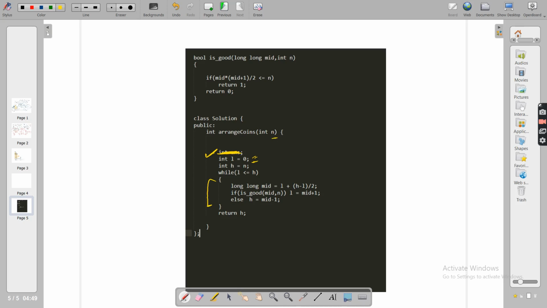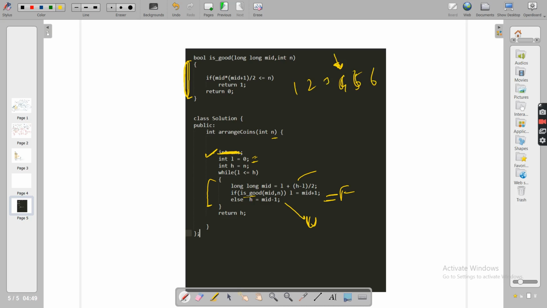So this while loop, I have kept it as clear as possible. Just calculated a mid. This is your favorable zone, and this is your unfavorable zone. So how do you decide this is favorable? You will see is_good, that is, whether this number is good or not. What I mean by is_good here is whether the sum of the first mid values, because obviously you got this mid somewhere, let's say you got this mid here.